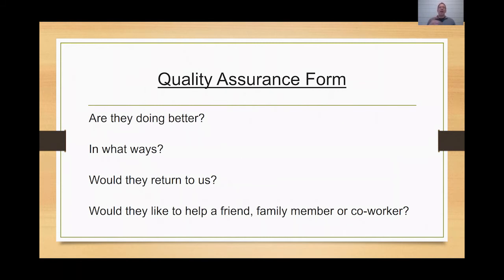When you have positives on both of those, in other words, they're improving the way you think they should, and they've acknowledged some real functional, activity things that they're doing, then you ask the next question. Again, this is in a form, so they're already filling this out at the beginning of their session.